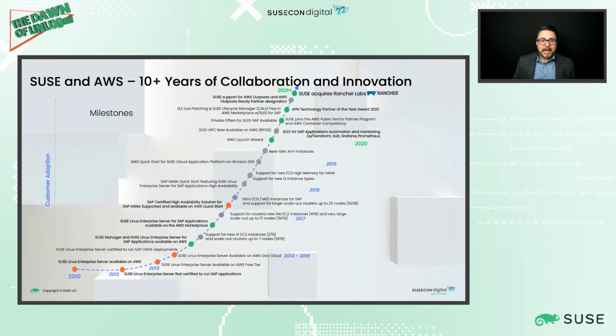And Stephen, I want to add that it's not even just the rich history between SUSE and AWS. Just in the past year and a half, SUSE is integrating over 65 AWS product or feature launches. And this includes a number of instances that we launched to host these mission critical workloads.